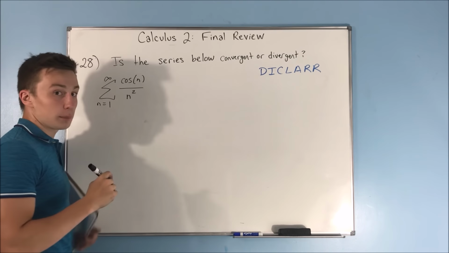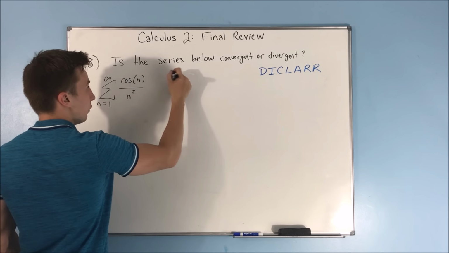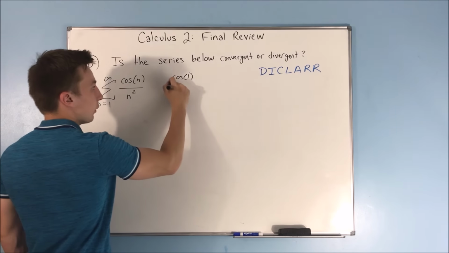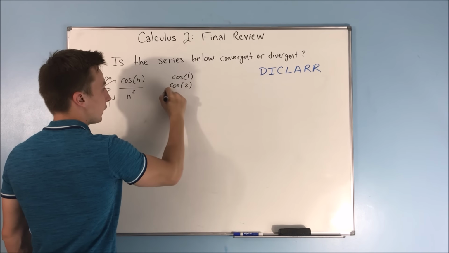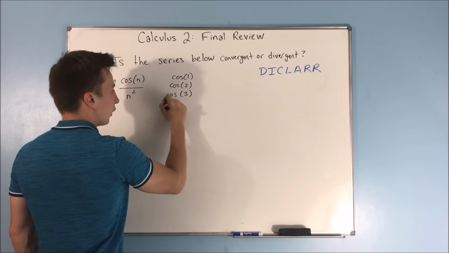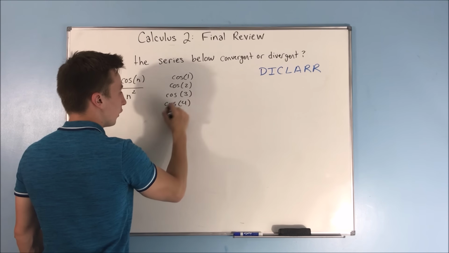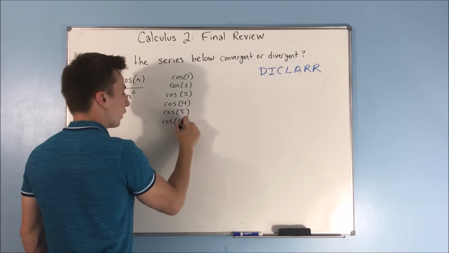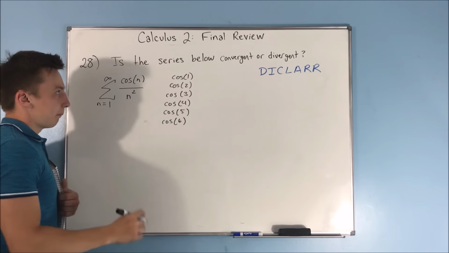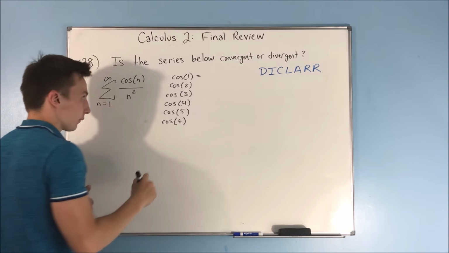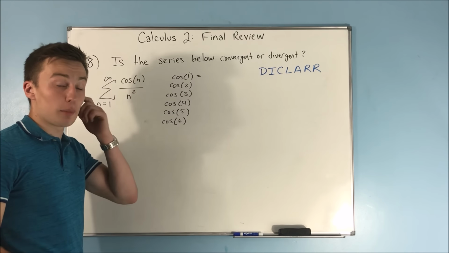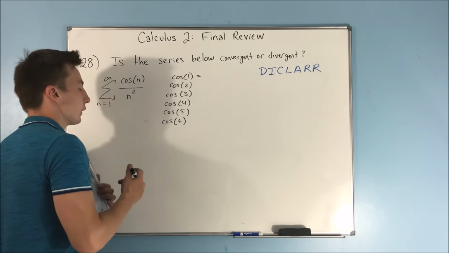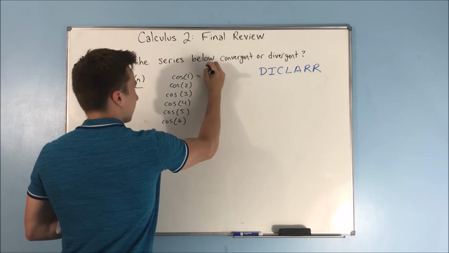If you start listing off terms for this series, you get cosine of 1, and I'm just going to talk about the numerator here, cosine of 2, cosine of 3, cosine of 4, cosine of 5, and cosine of 6. You can look at this for yourself. Remember, these are in radians. So cosine of 1 is in the first quadrant, so it's positive.